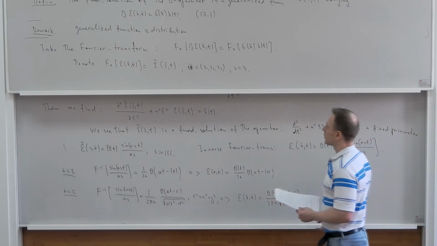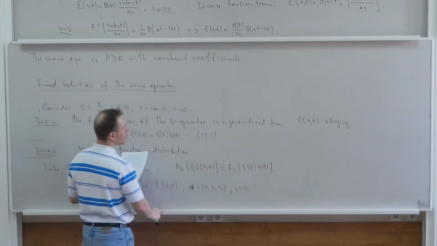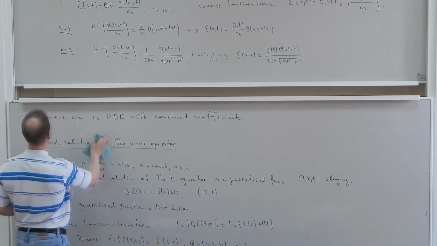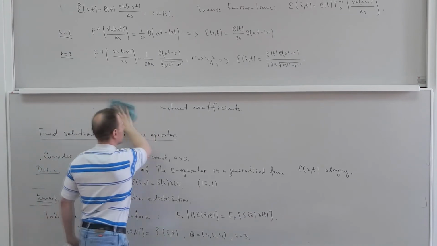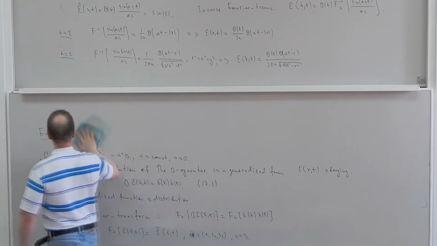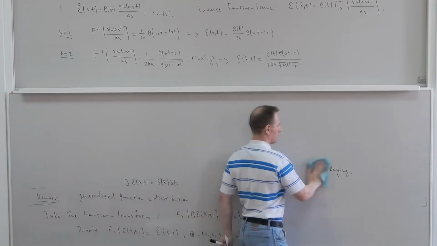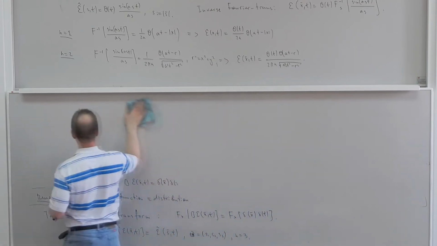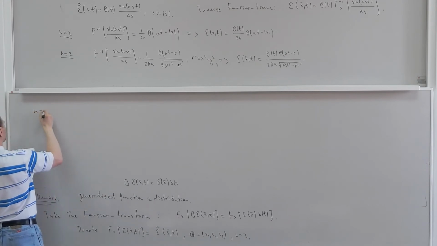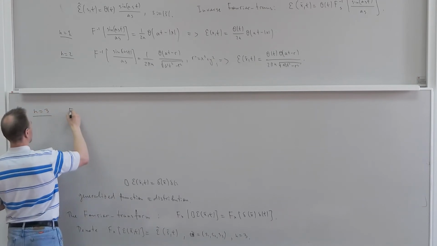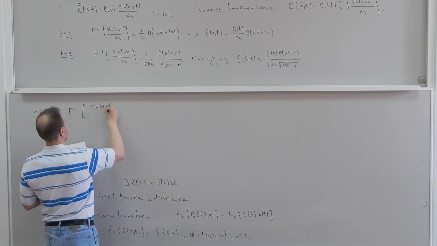And as for the case n equal to 3, which of course is of major importance, we have the following. Fourier transform reads as follows.